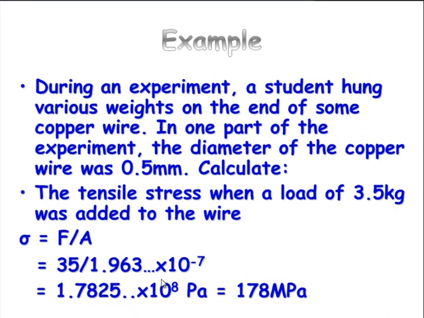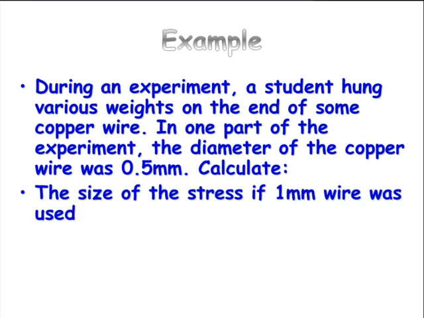Mega means 10 to the 6, so we move that twice. Unless it asks for that in its units, you don't need to convert it. That's a very reasonable stress, so you will end up with big numbers when you're calculating stresses.